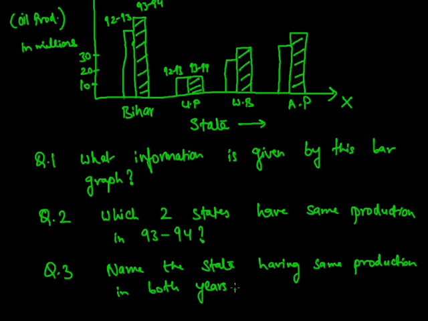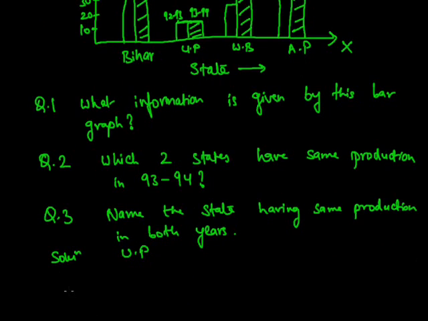As you can easily see from the bar, UP is the only state which has the same production in both the years, that is 92-93 and 93-94, because the height of its bars is the same for both the years. So the answer is UP.